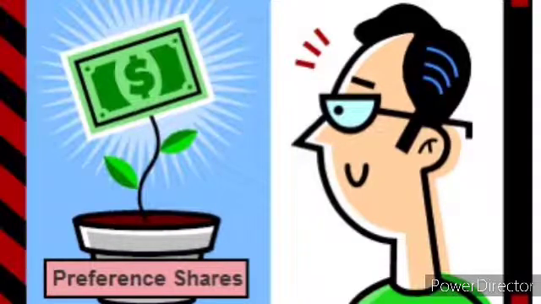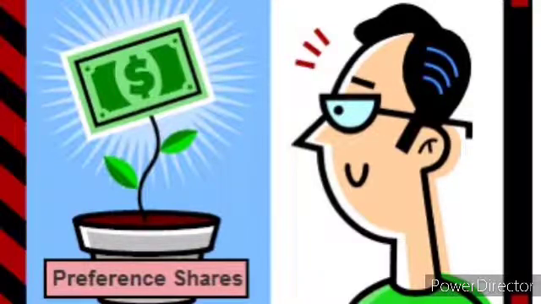A company is not bound to pay dividend in case of insufficient profit or when there are losses in the company. That is why it is called no burden on profit. If the firm is getting profit, then only they have to pay the preference shareholders also, except in certain cases. So there is no burden on the profits.